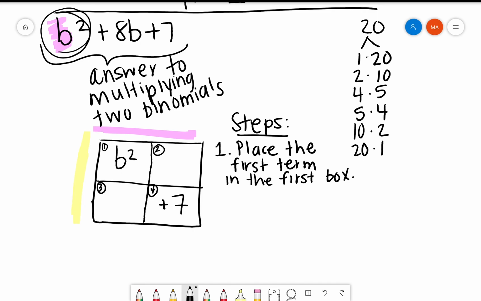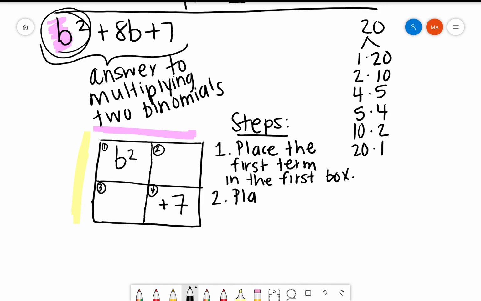Remember when we went over the division, it was very important for us to rearrange the expression if it needed to be rearranged, because otherwise we will not get the correct answer that we were looking for. So it's the same thing here. You want to make sure that if you have a trinomial, you always have your first term with the highest exponent listed out.